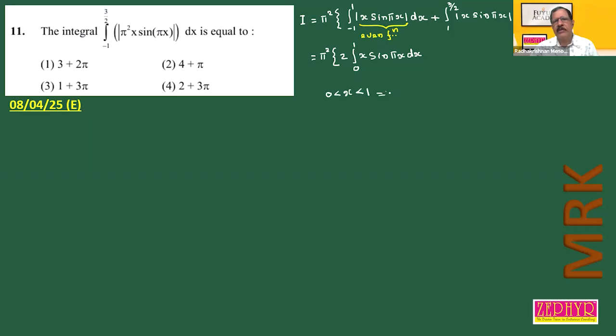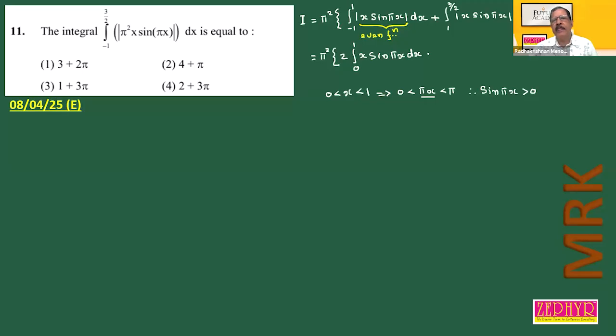Multiplying by pi, 0 less than pi x less than pi. The pi x lies in between 0 and pi, that means in the first quadrant as well as the second quadrant. Therefore, sin pi x is greater than 0. That is the reason. Now, next one.